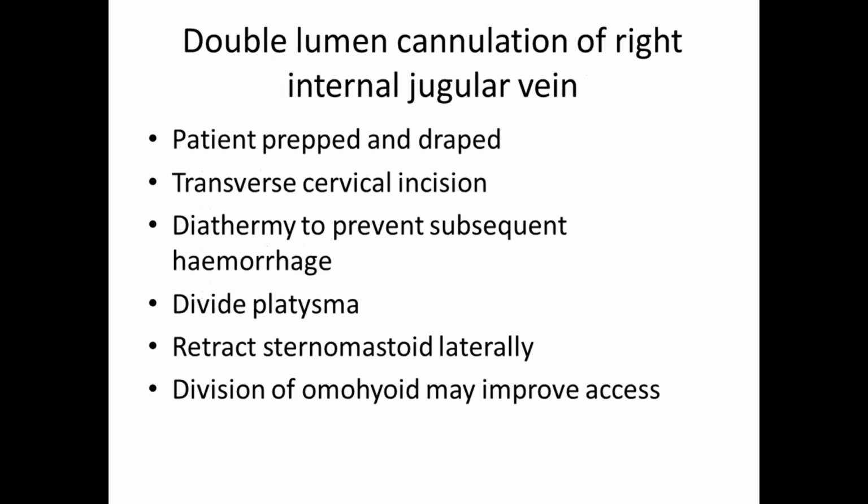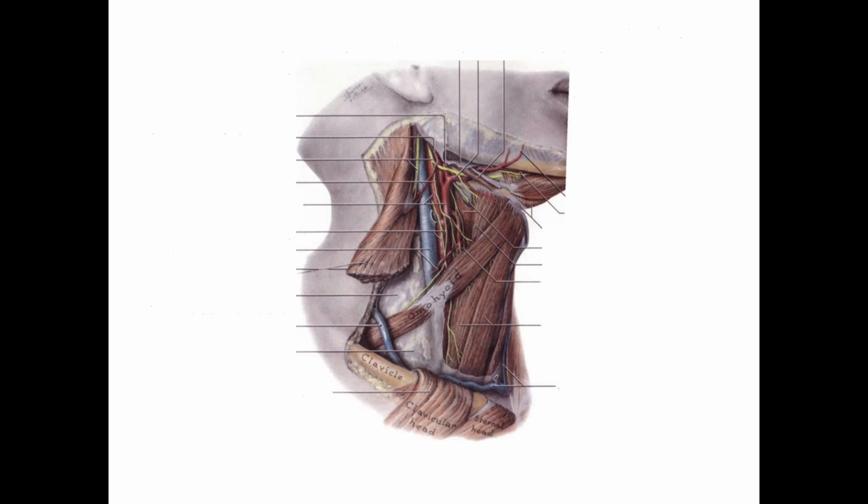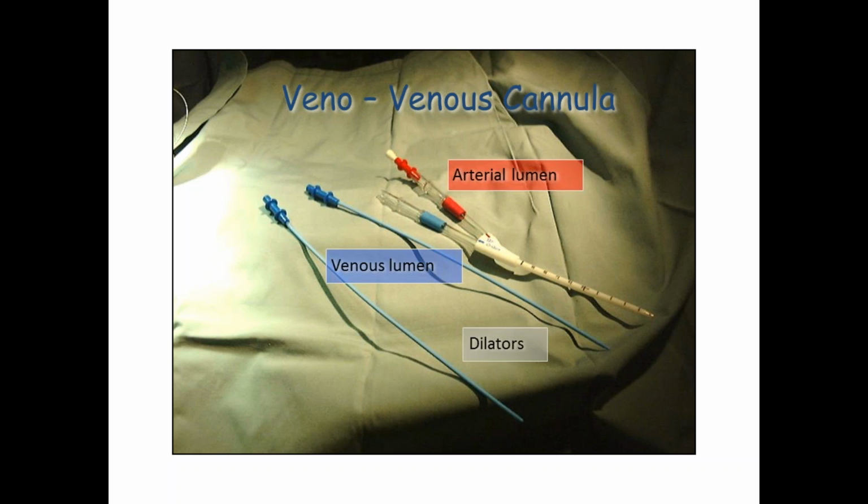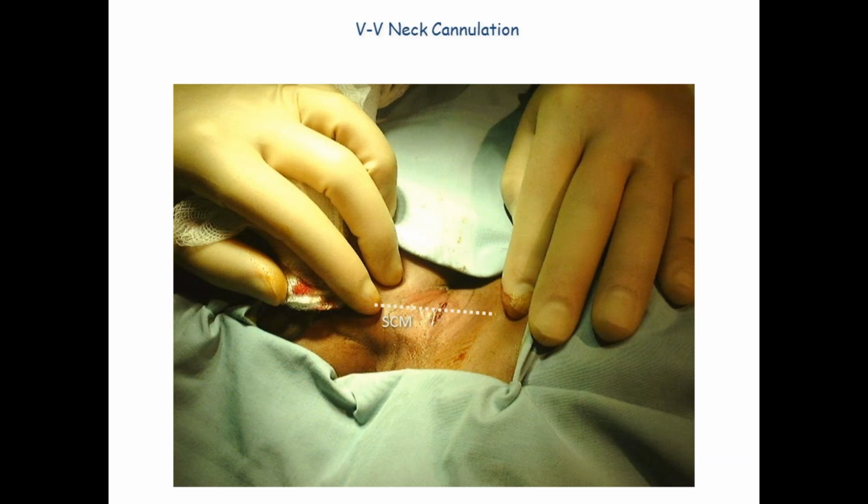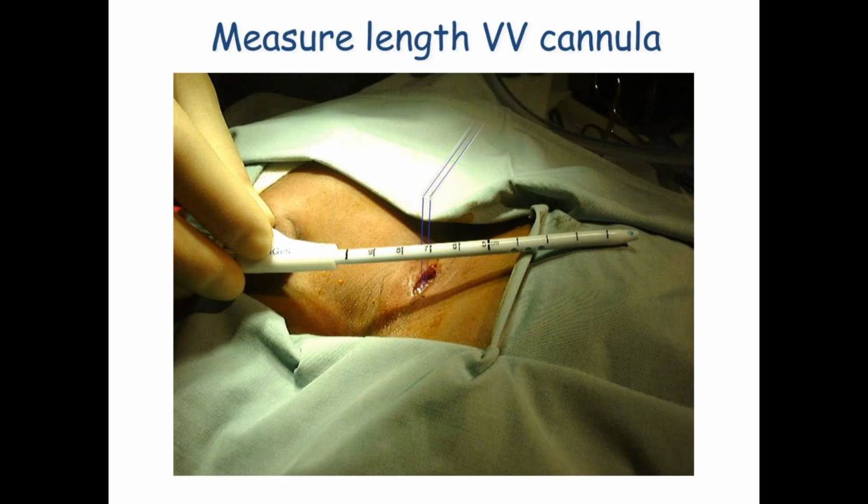These are the different sizes available. The vessel is prepared, then you divide the muscles and locate the vessels. In the incision you do it. Locate the vessels.